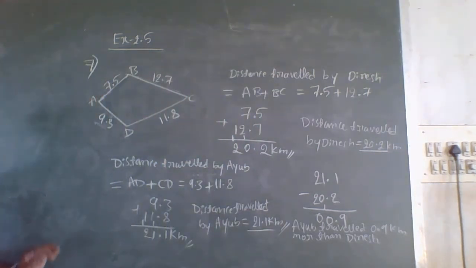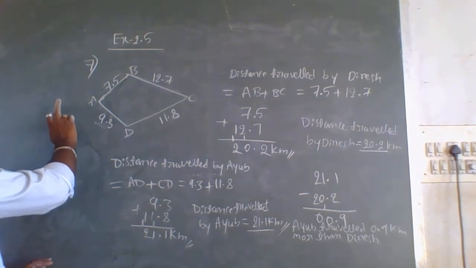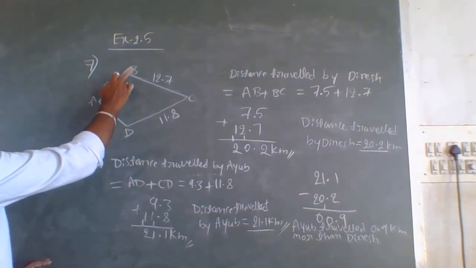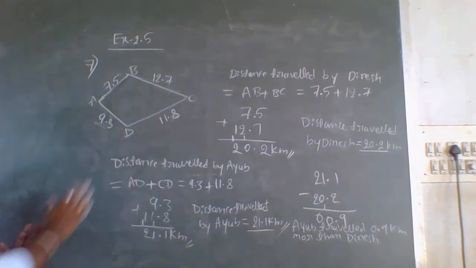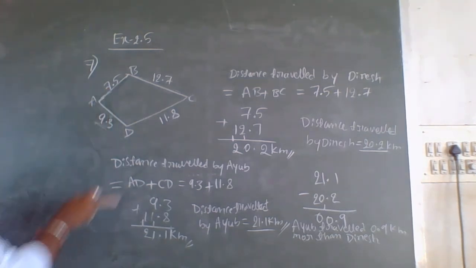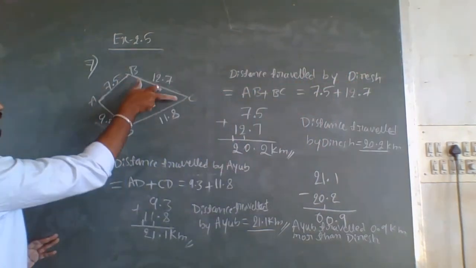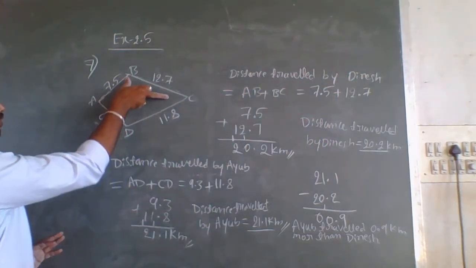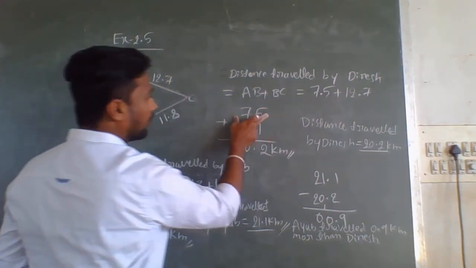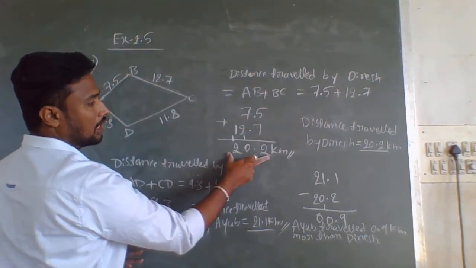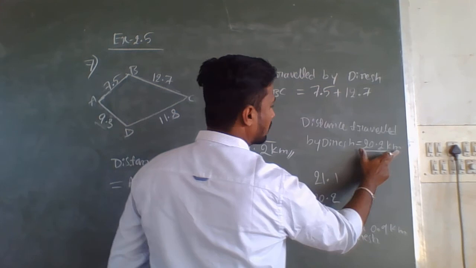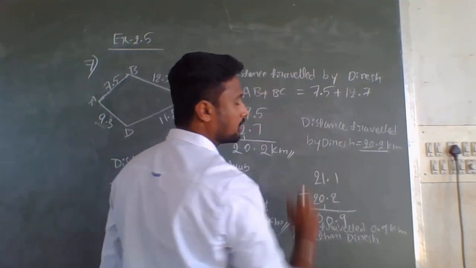Okay. See here again. They have given that Dinesh travelled A to B and from B to C. Distance between AB is 7.5, distance between BC is 12.7. So the distance travelled by Dinesh equals AB plus BC, means 7.5 plus 12.7. When you add these two values, what do you get? 20.2 kilometers. This is the distance travelled by Dinesh.